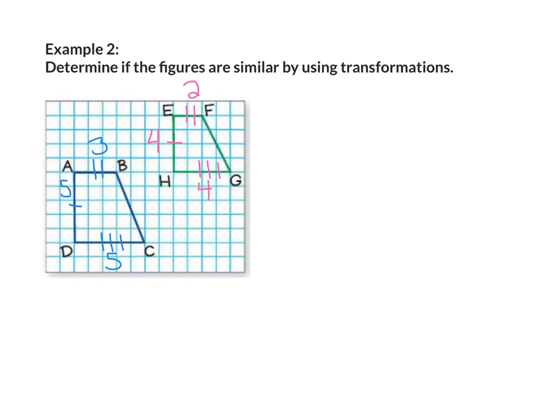Now, I can't find the length of BC. If I were to find it, I would have to use the Pythagorean theorem. So now what we need to do to find the scale factor is we're going to take the new and divide it by the old. Now it doesn't matter which figure we use as the new or the old. So what I'm going to do is take the small figure and make that one the old.